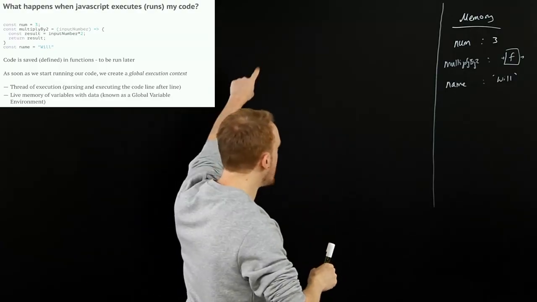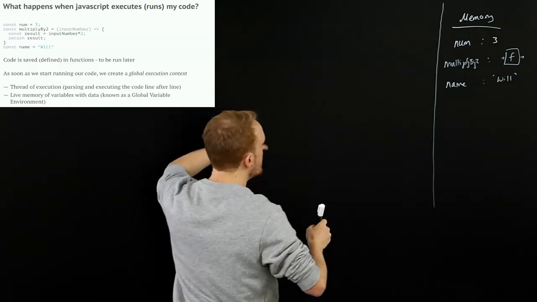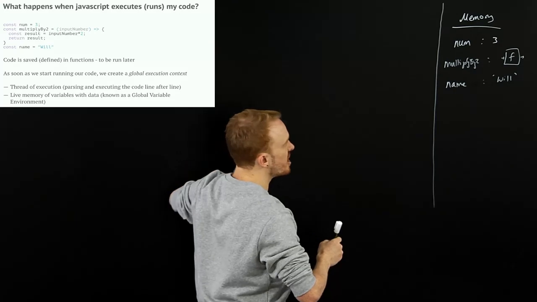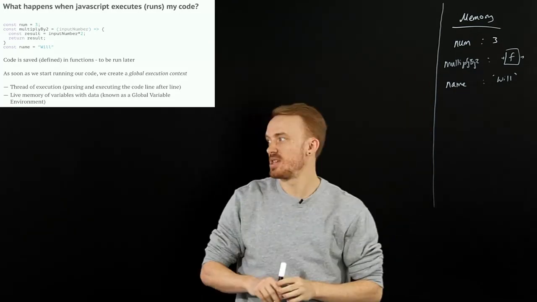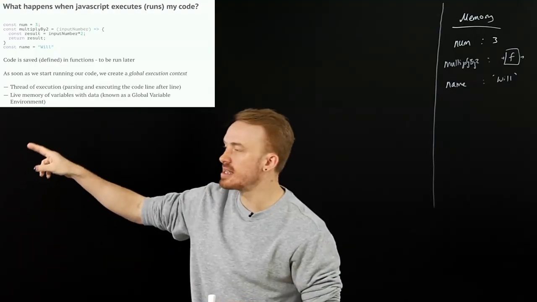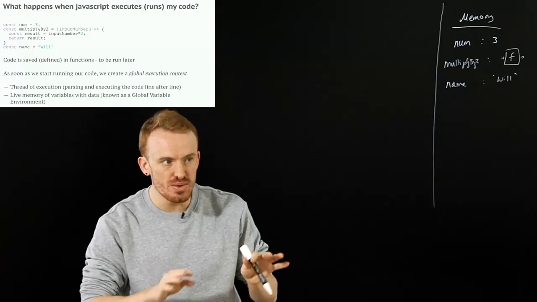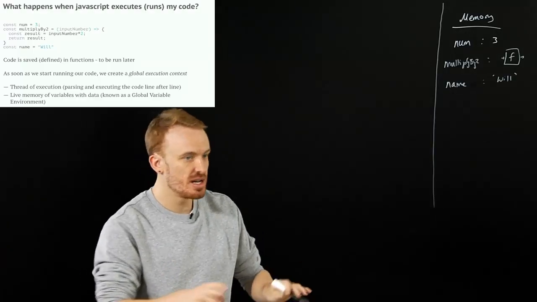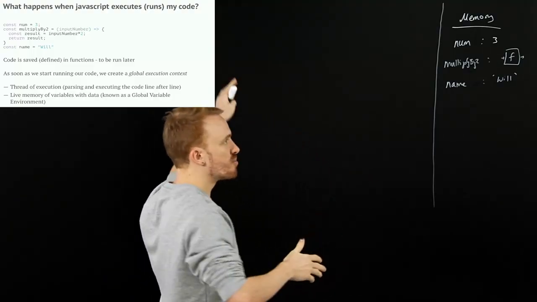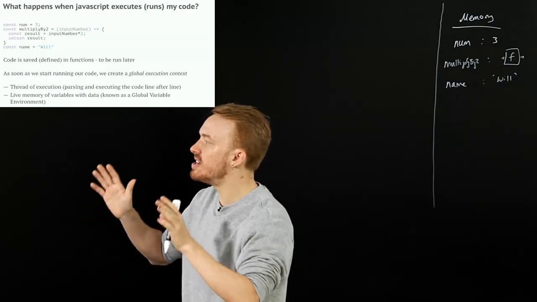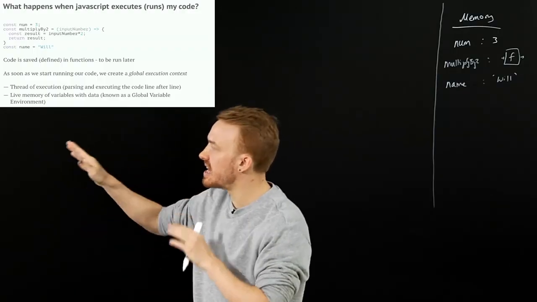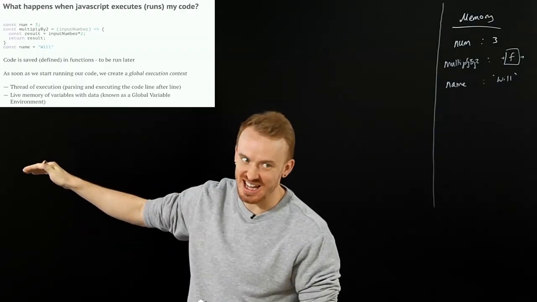It threads its way down the page and executes each line of code as we go. A lot of the time it's saving stuff into memory, into store. Those two things together are all you need to run JavaScript: a place to store stuff and the processing power to go through the code line by line, the thread of execution. They're known together as an execution context.